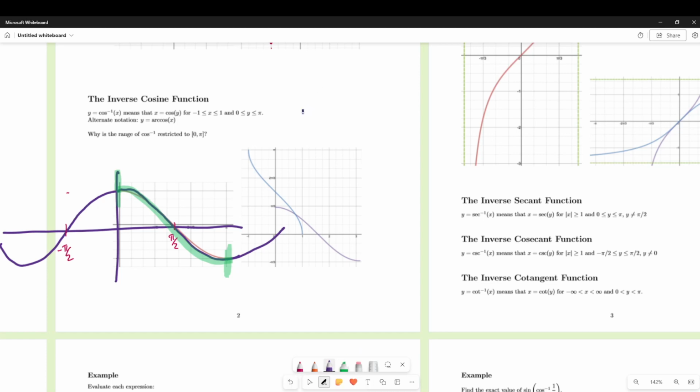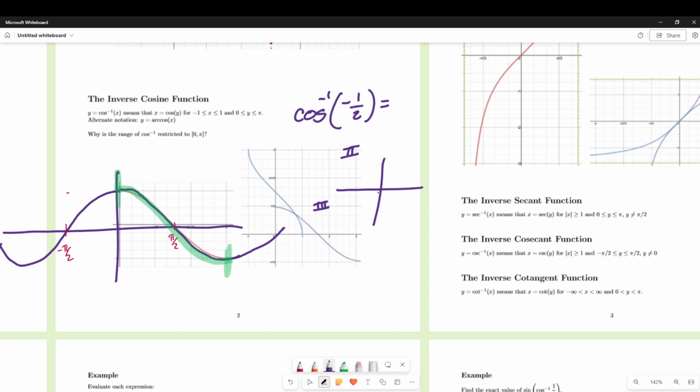So, similarly, if somebody asked for the cosine inverse of negative 1/2, well, again, we'd look at our circle. We know cosine ratios are negative in quadrants 2 and 3.